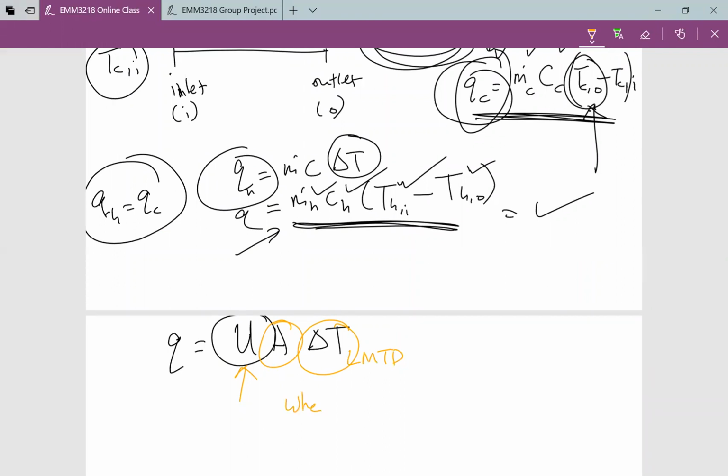So that is given as, let me write it first. Delta T2 minus delta T1 divided by natural log.